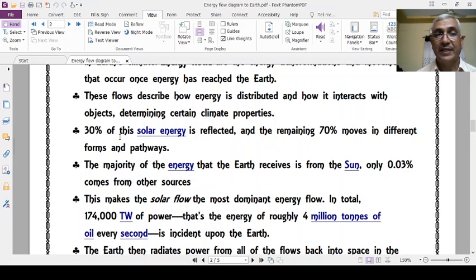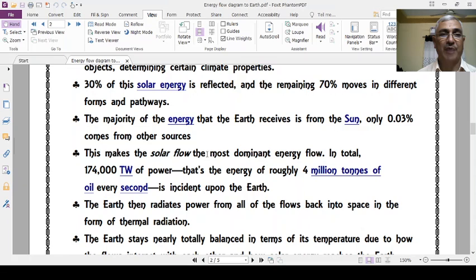Actually, 30% of the solar radiation is immediately reflected back. Only 70% moves towards the Earth in different forms and paths. Actually, the sun is the major source of energy for the Earth, and of course, 0.03% of the energy comes from other planets, other astronomical bodies and stars, which is negligibly small.